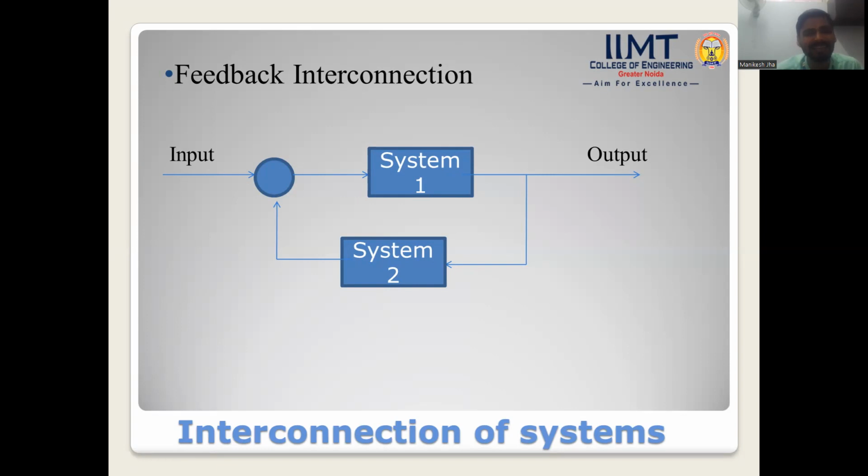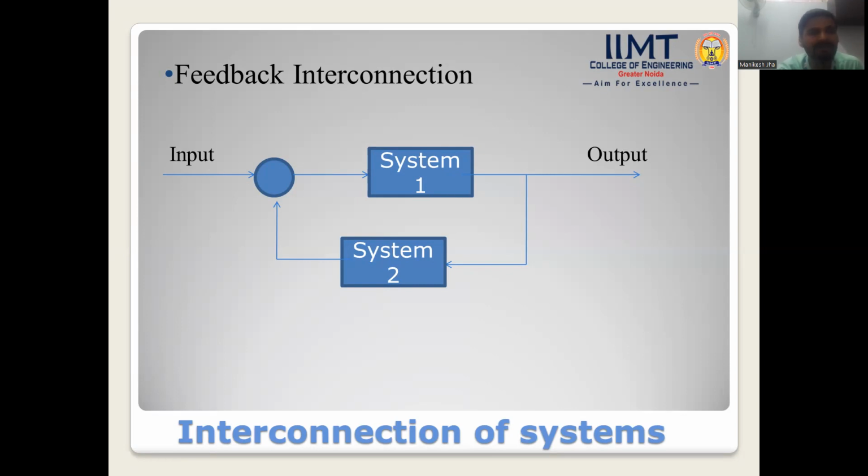Then we define the transfer function. The transfer function will be given as G upon 1 plus GH, which is the combination of the feedback connections. It may be either negative feedback or positive feedback, and according to that we apply the transfer function formula: gain of the forward path divided by 1 plus or minus.